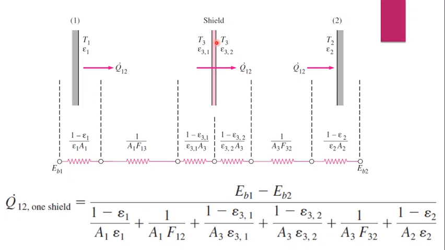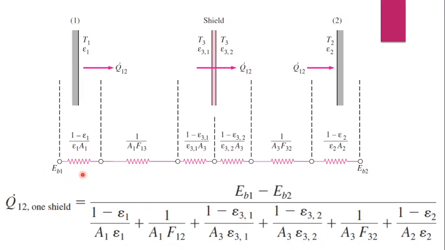Let us start with this shield. When we move from this shield to surface 2, as in the previous case, we will have these three components: surface resistance of the shield, space resistance between the shield and object 2, then surface resistance of object 2. So we can make this network.